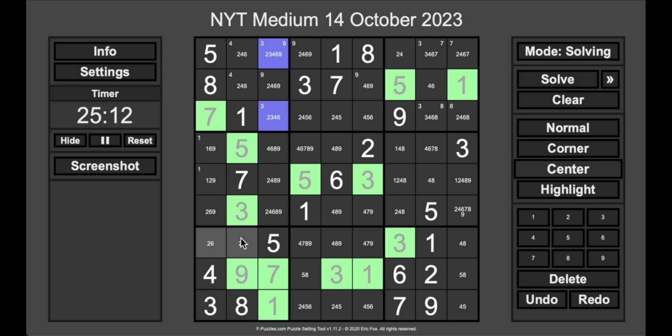Two 6s there. I can't do much with it. Let's see, I've got 3. Nothing else in box 3 is a 3. Nothing else in box 3 is a 7.